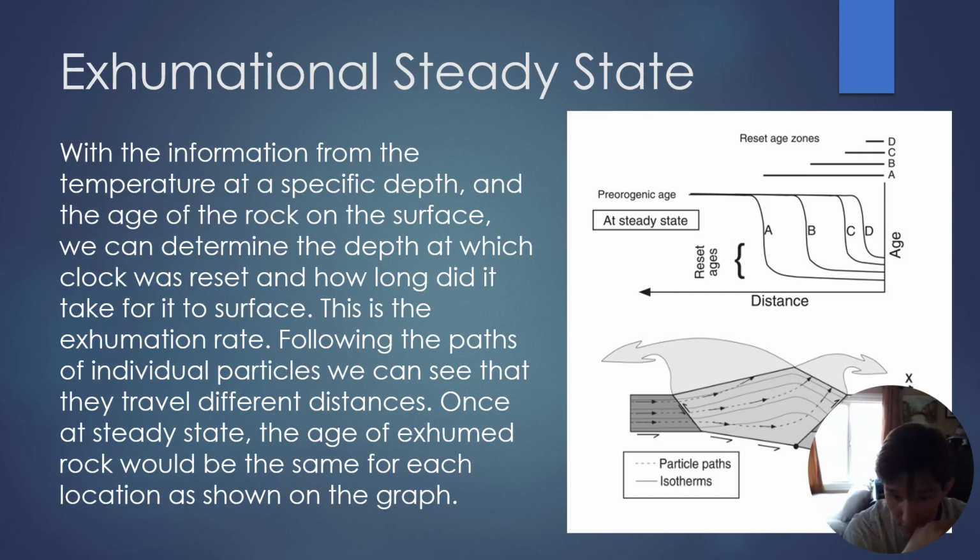And this is how we can calculate the exhumational steady state. Again, pretty simple concept if we put things together and follow through. So let us move on to the next one.